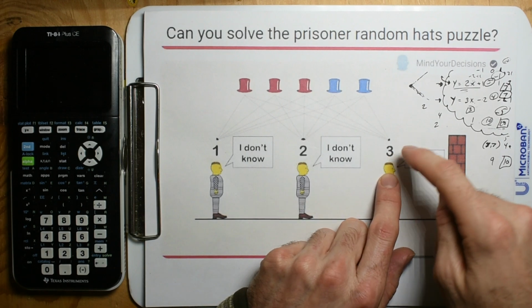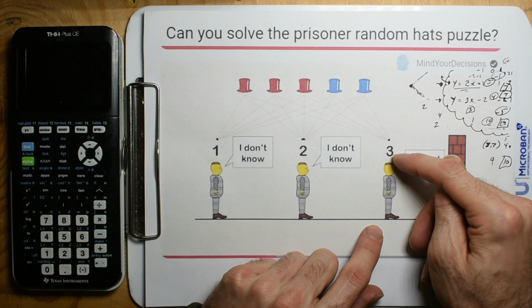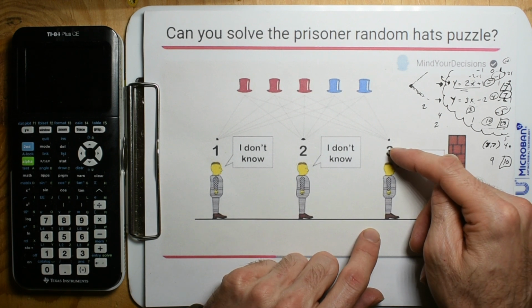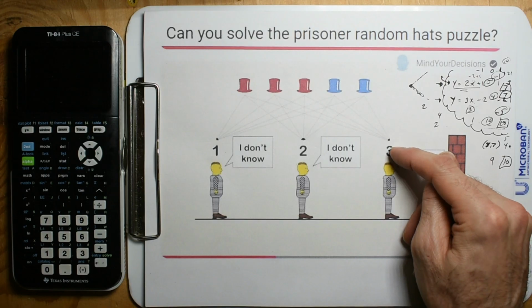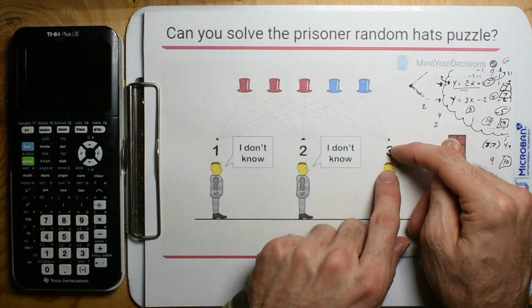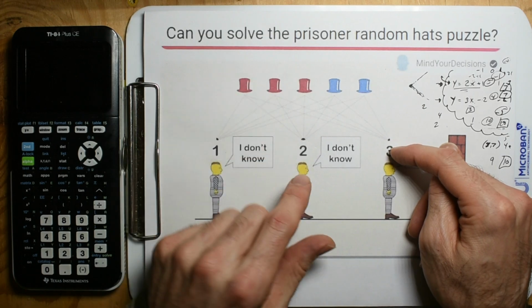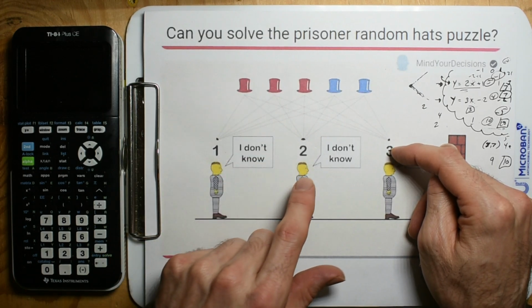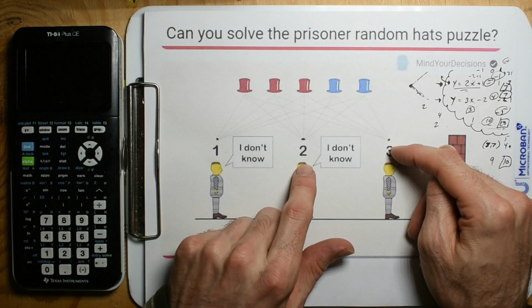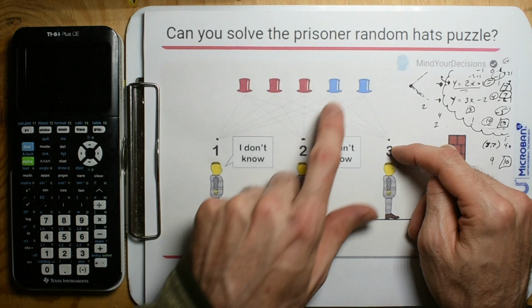Prisoner 3 knows his hat's red, but I don't think prisoner 3 knows much of anything else. Prisoner 3 knows that prisoner 2's hat could be blue. That's a scenario, because prisoner 1 said, I don't know. But prisoner 2 could have a red hat, and prisoner 1 would have said, I don't know. So this could be red or blue.